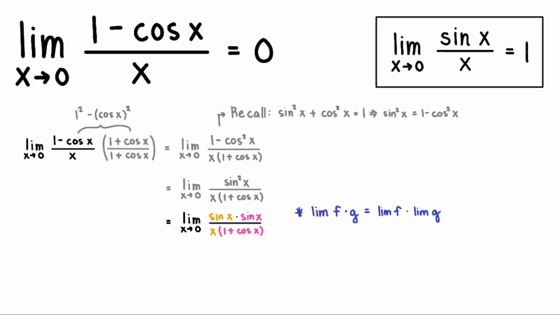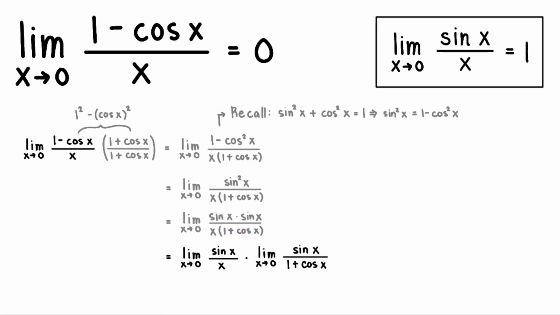So we'll do the same for this one. That is, we'll split these two out here. So we'll have the limit of sine x over x as x approaches 0 times the limit of sine x over 1 plus cosine x as x approaches 0.